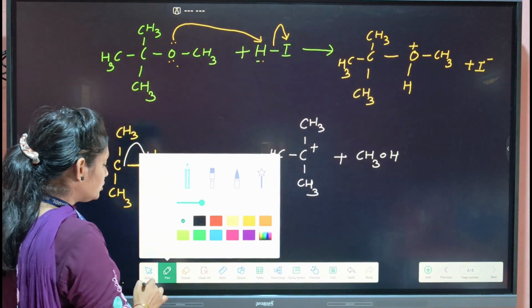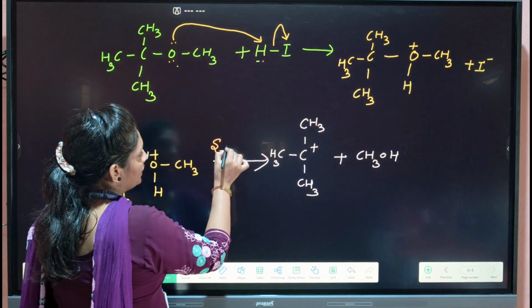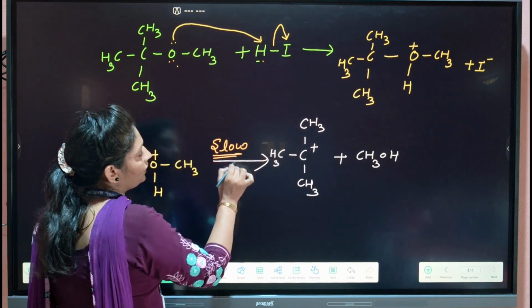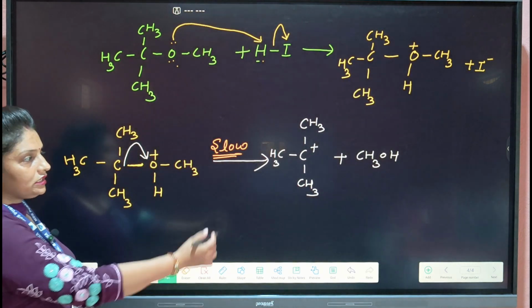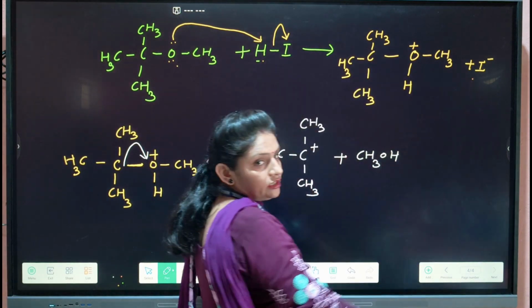But this is the slow step. So rate of reaction will depend on this step. And we have iodide also in solution.